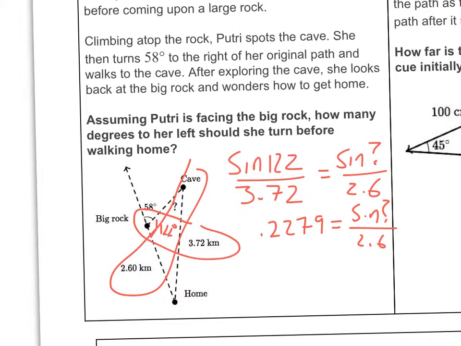If I do times 2.6, we get 0.5927 is equal to sine of question mark. That means that sine inverse of this lovely decimal will tell you our angle. And when we do that, we get 36 degrees.